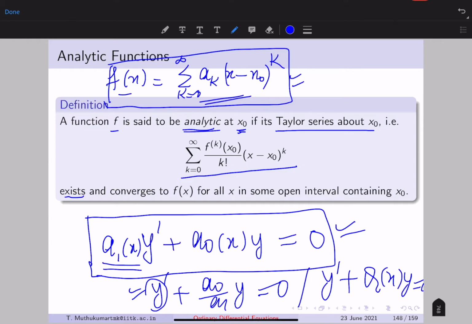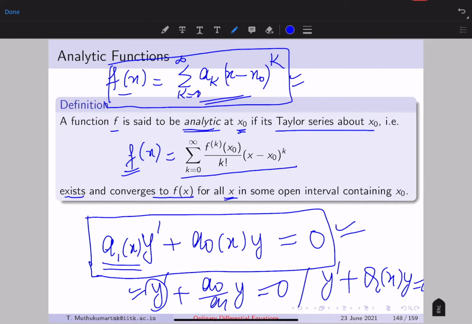The series converges, and it actually converges to f for all x, that is, f of x is equal to this. Whenever f can be written like this, then you say f is analytic at x0.